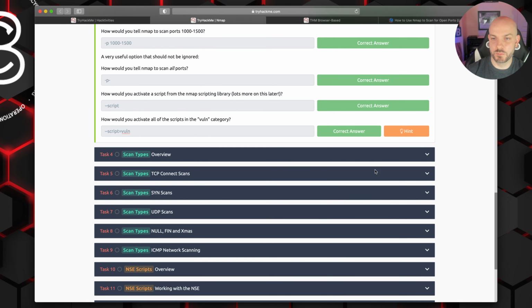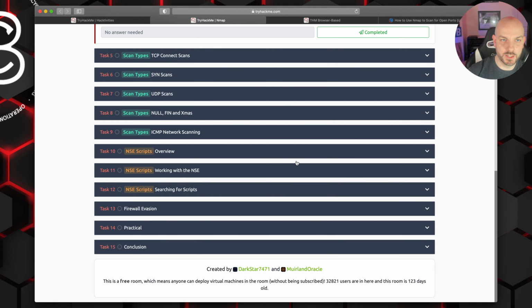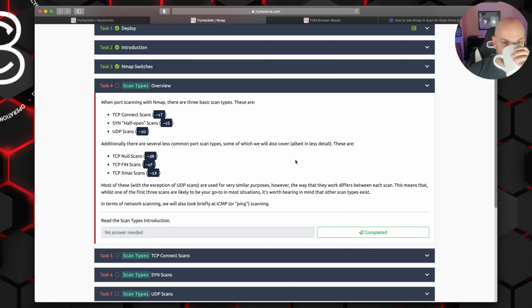All right, move on to scan types. So a few different types: TCP connect scans, half open scans, UDP scans.